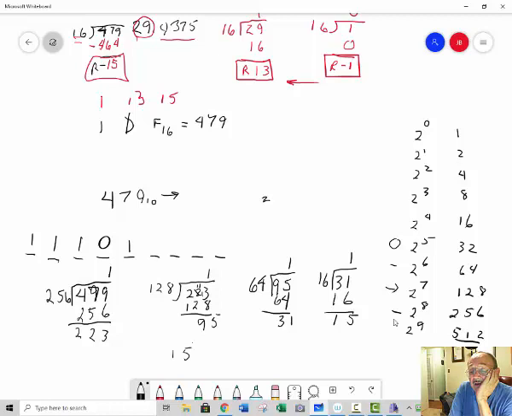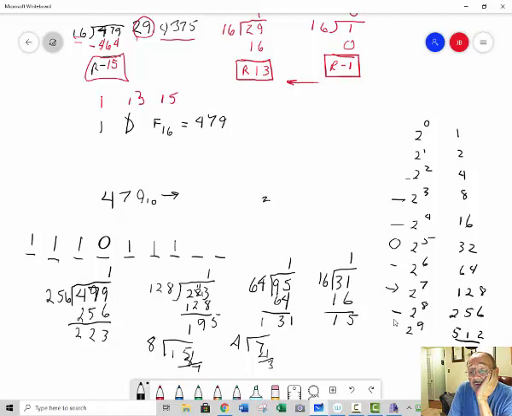Okay, so now I want 15 divided by 8. Picked an odd number, so I want to get an 8. And that's a remainder of 7. So I'm going to take 7. Does it divide by 4? Yep. Whew, this is a tough one.